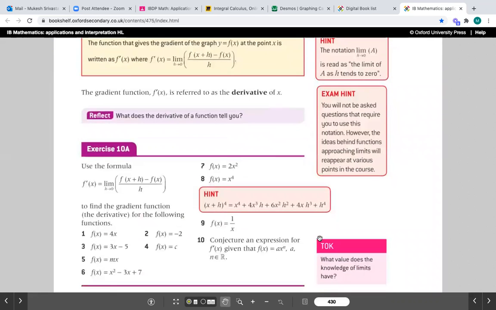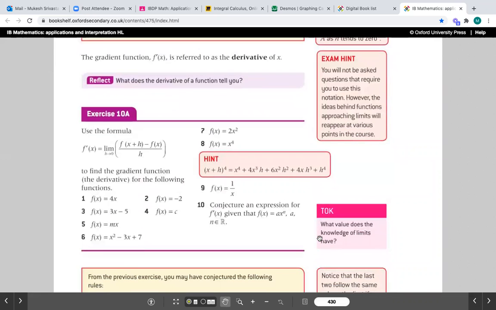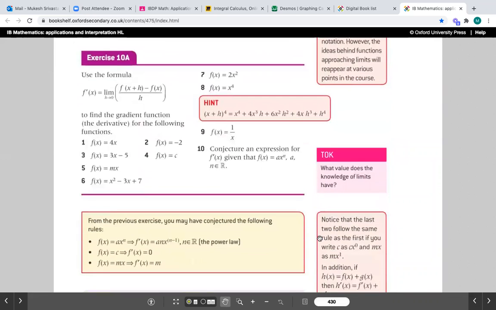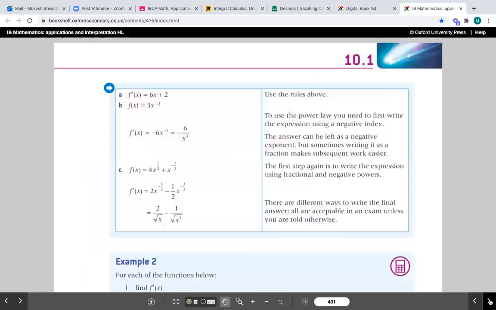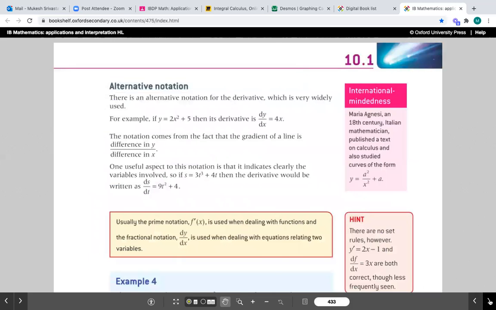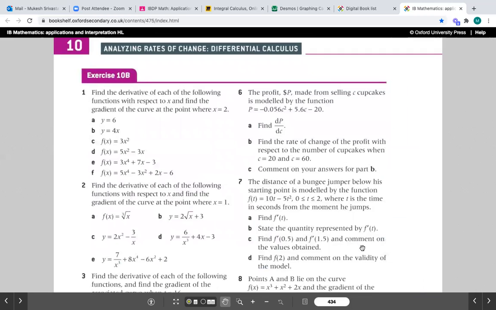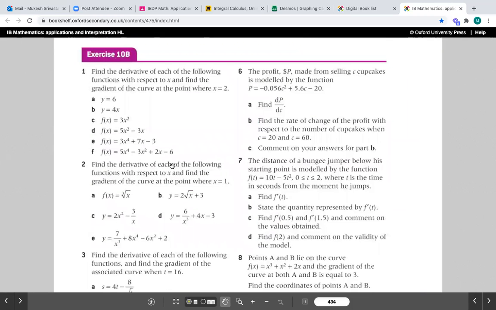Can you see this? Yes, sir. Okay, I think these are quite simple, but let us... Okay. Let's say this.